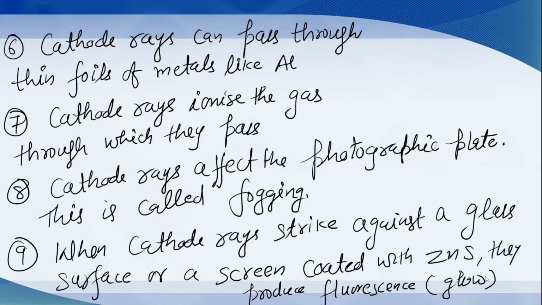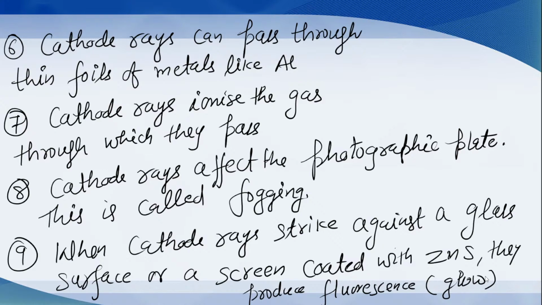So, properties of the cathode rays: what they show is that they consist of material particles that are negatively charged. These particles, which constitute the cathode rays, are called electrons.